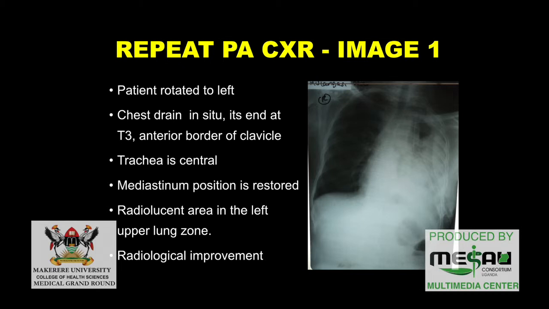At first it looks like lung tissue, but because it does not have bronchovascular markings, we wouldn't take it to be lung tissue. But there is another soft tissue density with some lung markings, and my impression is that this is collapsed lung. It doesn't look like normal lung.